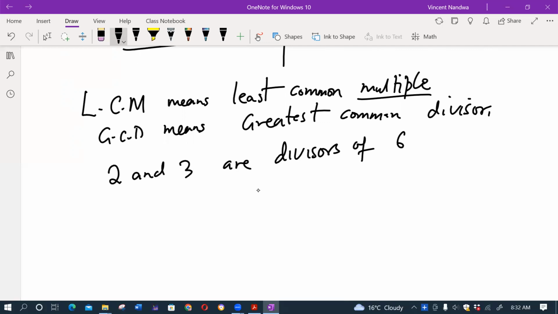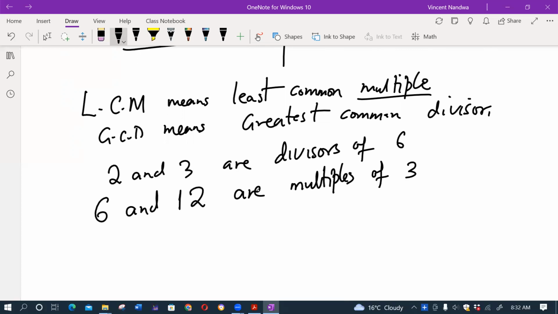For example, we say 6 and 12 are multiples of 3, since both 6 and 12 can be divided by 3 without a remainder.